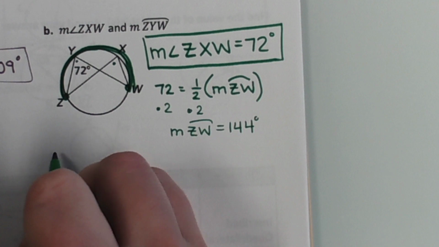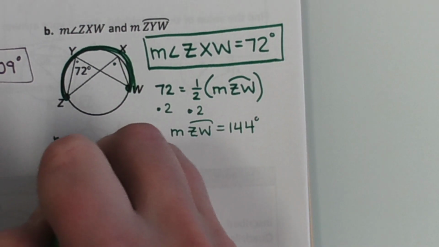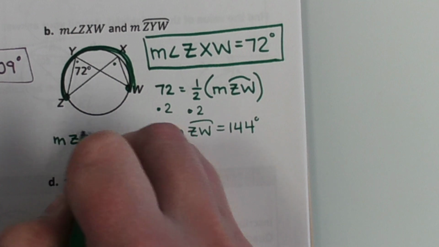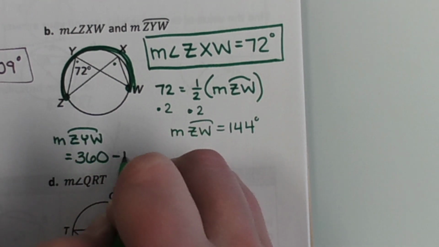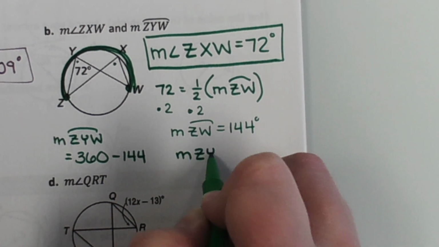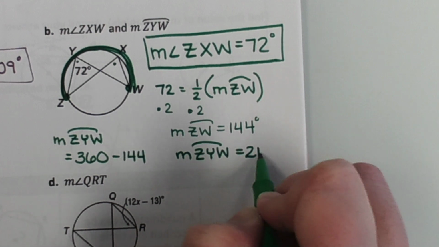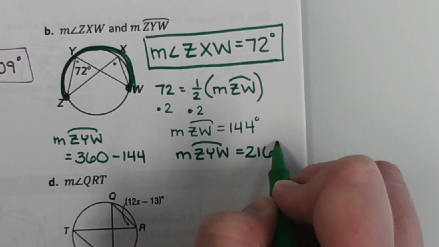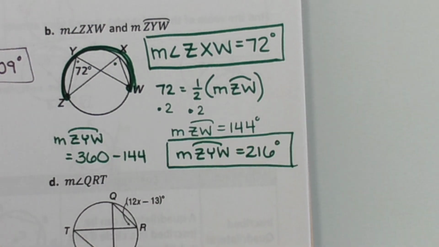Therefore, to find the measure of ZYW, I take 360 minus that 144. 216, is that what I'm hearing? Yep. 216 degrees. Angles and arcs are both degrees.